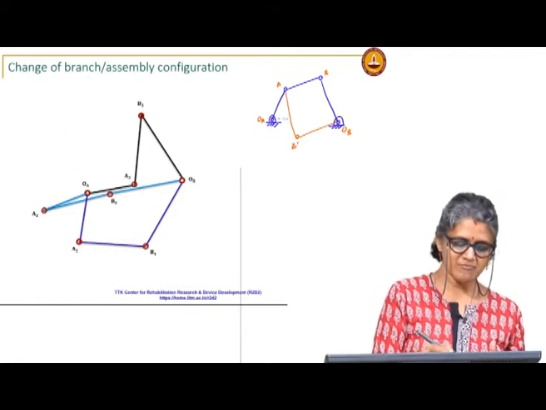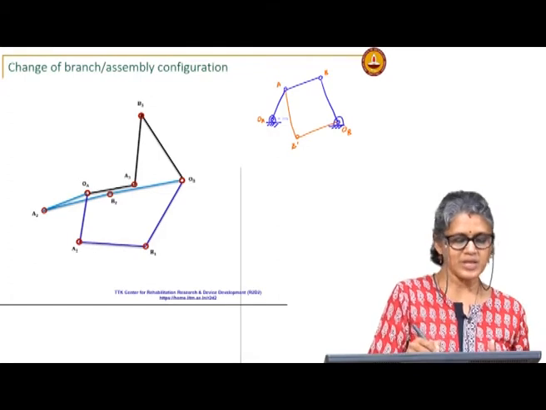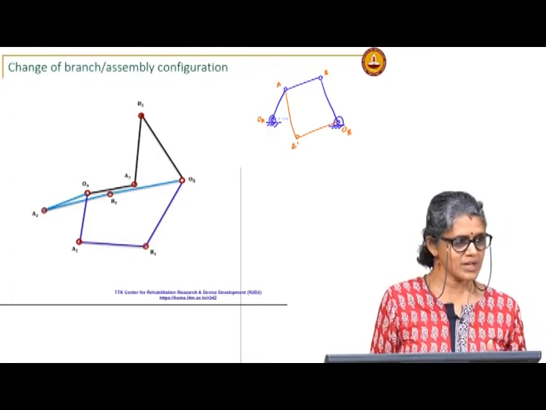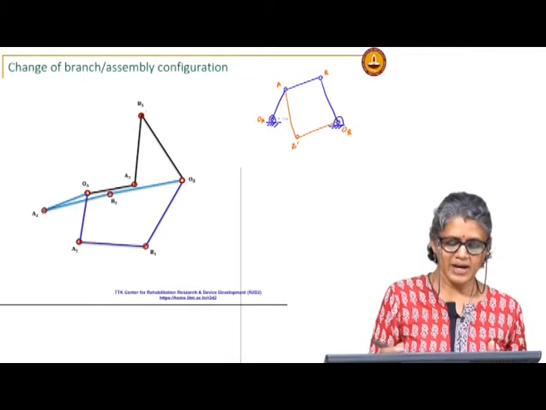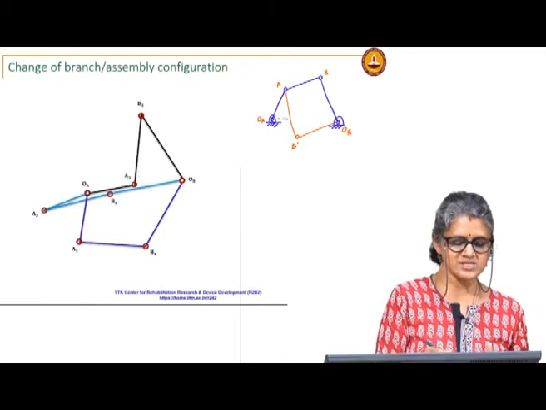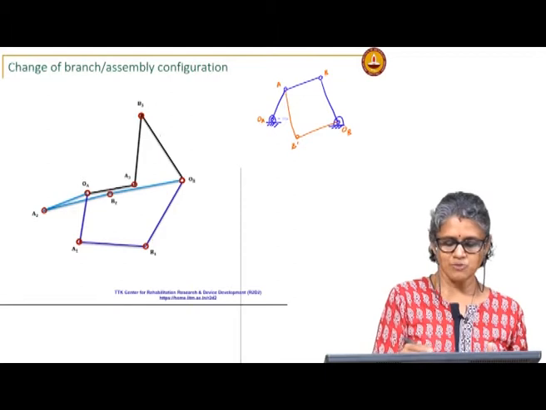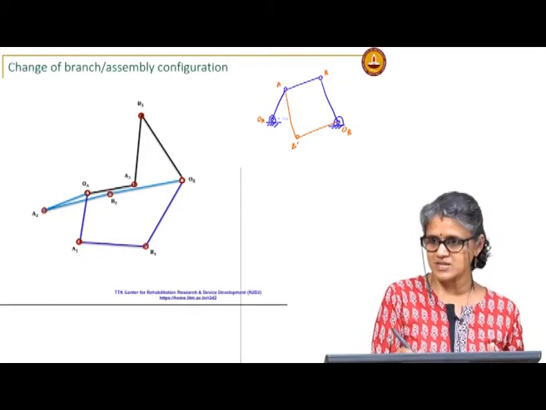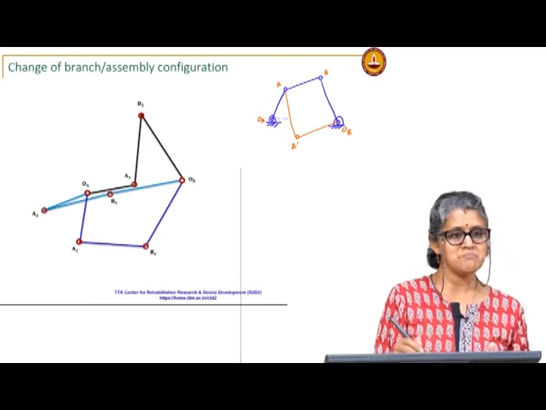So, say I have designed for motion generation A1 B1, A2 B2, A3 B3, I wanted these 3 positions, and I find easy enough A1 A2 A3 should lie on a circle, so I find OA. Similarly, B1 B2 B3 lie on a circle and I find OB, which is the center of that circle. When I do this, I can assemble the linkage.